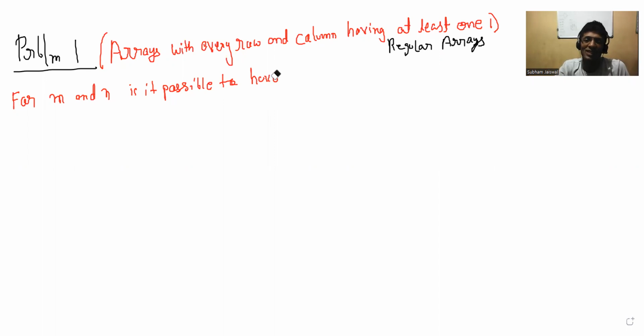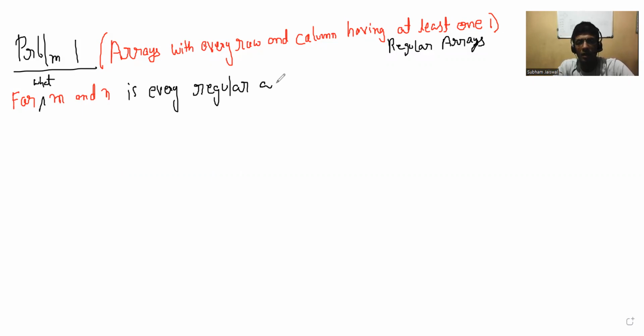The question is, for what m and n is every regular array reducible? And let me describe what I mean by reducible.